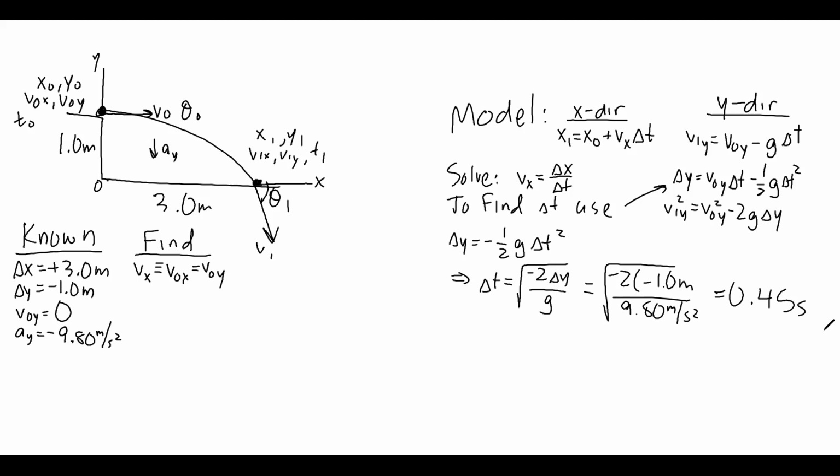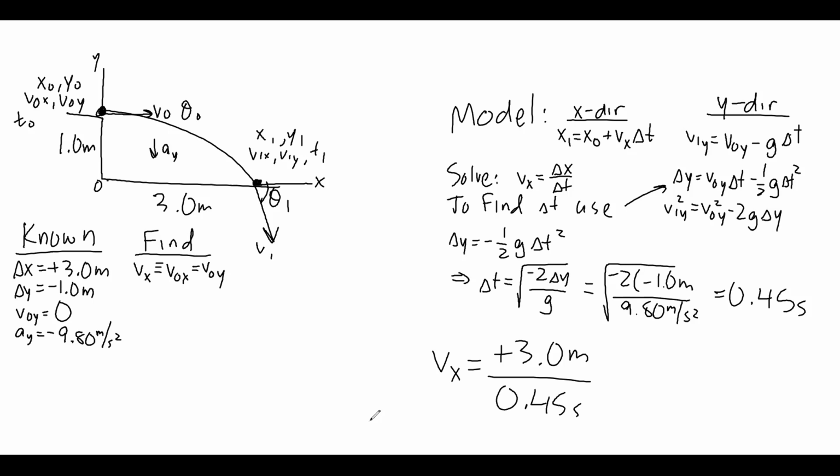That is our time. But that isn't the thing we were trying to find. Now we just need to plug that in to the very top to show that the velocity in the x direction is plus 3.0 meters over 0.45 seconds.